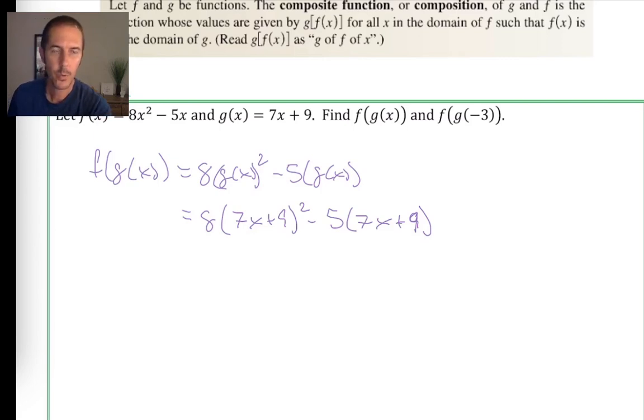In order to continue expanding this, we need to FOIL and combine like terms here, and then we'll distribute this multiplication by -5 to these two terms. So FOIL and distribute.